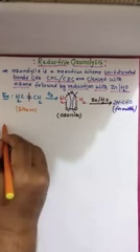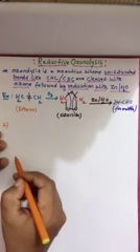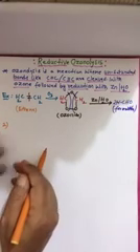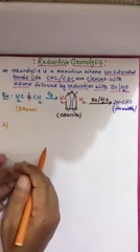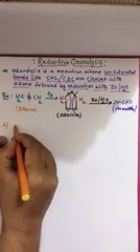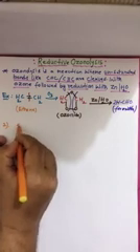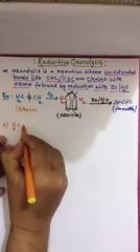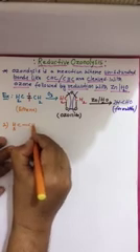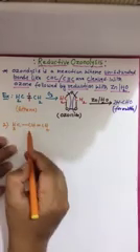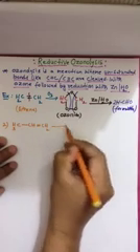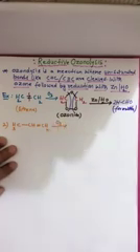Now I am taking another example. Example number 2. This time I am taking a substituted alkene, an unsymmetrical alkene. This is symmetrical, this is unsymmetrical. First we have to take ozone.